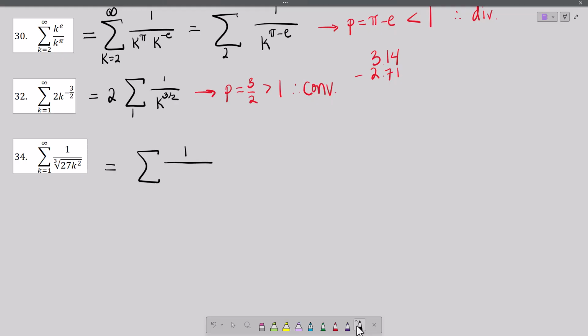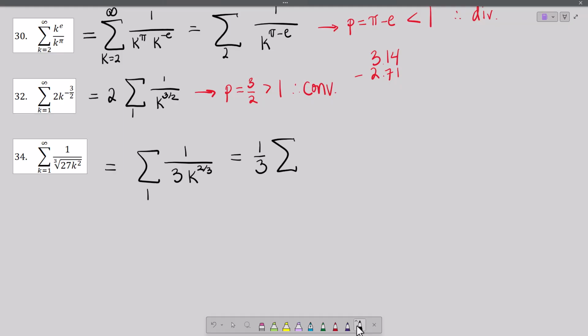Let's take a look at this one. They're just being cheeky here. We can take the third root of 27. The third root of 27 is 3. And then the third root of k squared means k to the 2/3 power. So it's not written exactly as a p-series yet, it's ish.